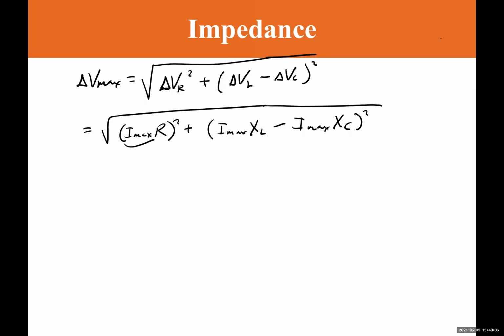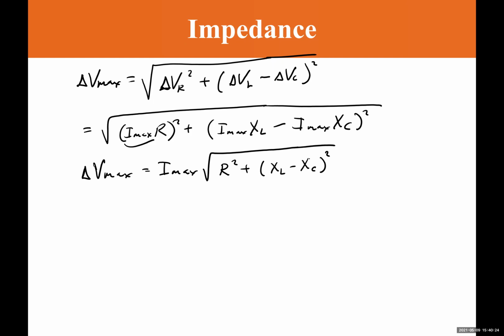Now, if I factor out I max, then delta V max is equal to I max, which I can factor completely out of the square root. And inside the square root, I end up with R squared plus X sub L minus X sub C squared.